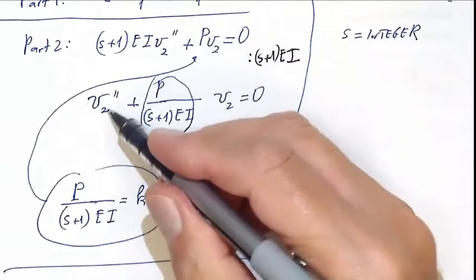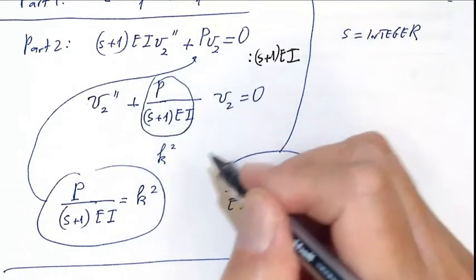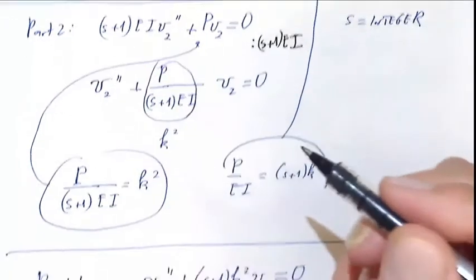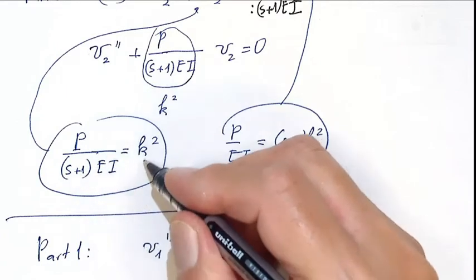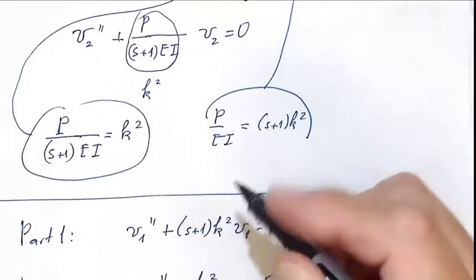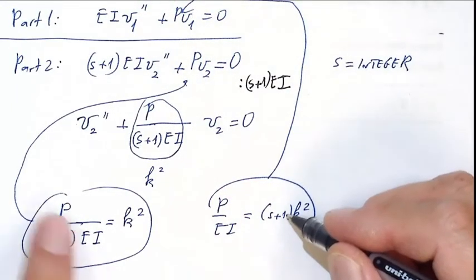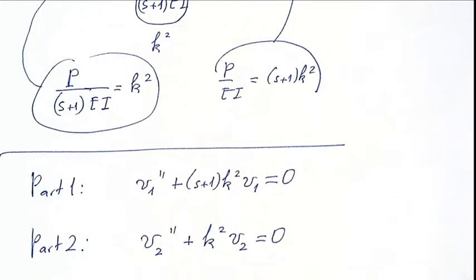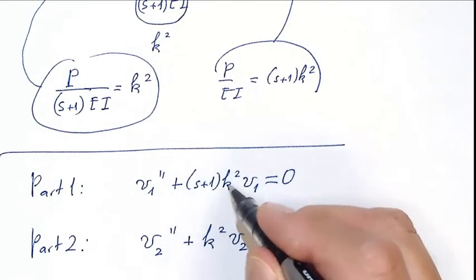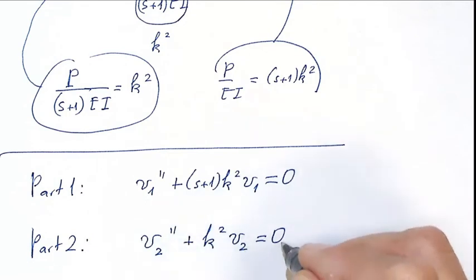We get V2 double prime plus P over S plus 1 EI times V2 equals 0. I denote this as k squared. So P over S plus 1 EI equals k squared. Then P over EI will be S plus 1 k squared. So in part 1 I have V1 double prime plus S plus 1 k squared V1 equals 0, and in part 2, V2 double prime plus k squared V2 equals 0.